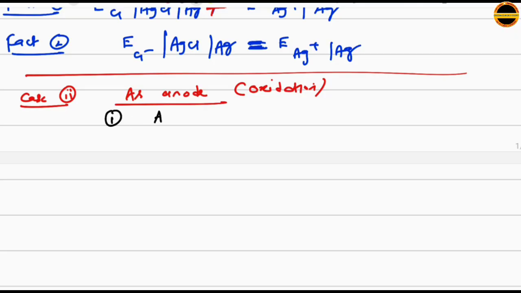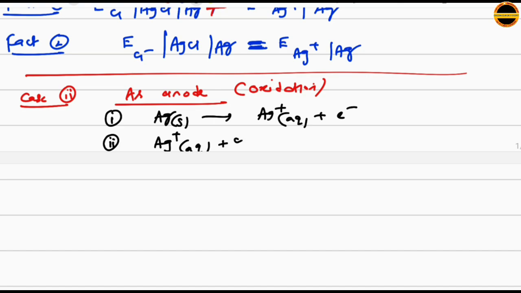Reaction number 1: Ag solid gives Ag plus aqueous plus electron. Similarly, second reaction: Ag plus aqueous plus Cl minus aqueous will give AgCl solid.